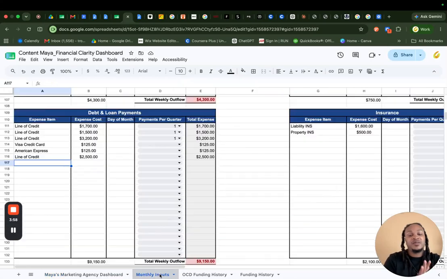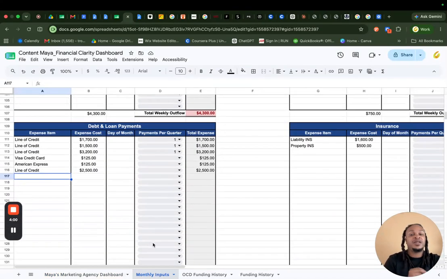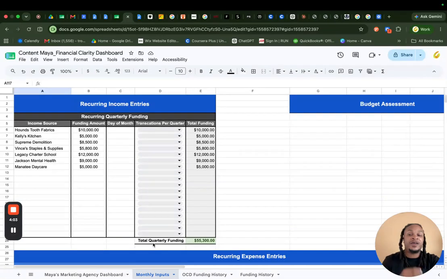Now let's play with it a little bit more. Again, the other driver of your DSCR score is going to be profit. So let's say one of our major clients, Houndstooth Fabrics, dropped out. Sorry, Maya, because this is Maya's marketing agency. Sorry, Maya, we are not continuing with our retainer. We're going to take them out.